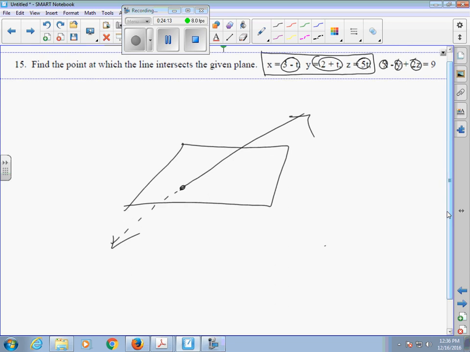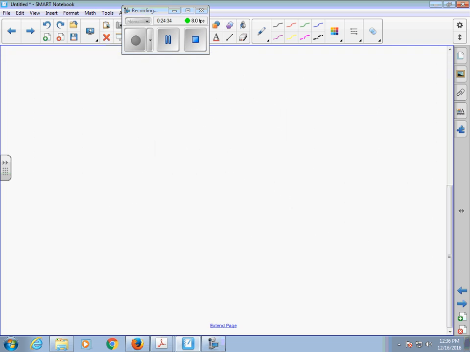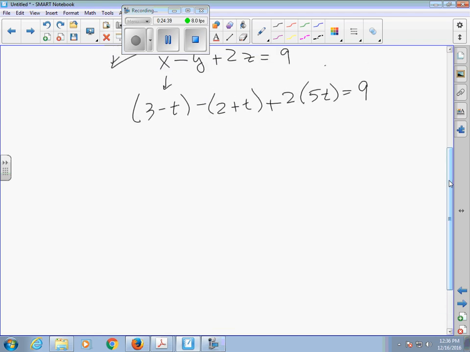Okay, so let's write out the equation of the plane. x minus y plus z equals 9. And in for x, I'm going to plug in what x equals parametrically in the line. Solving this equation is going to give us the t value that gives the point on the plane.